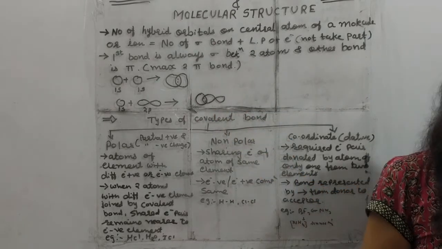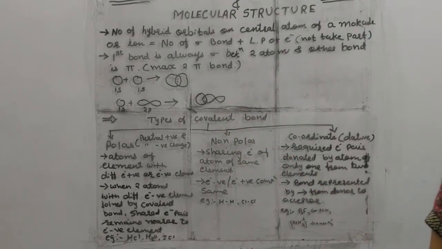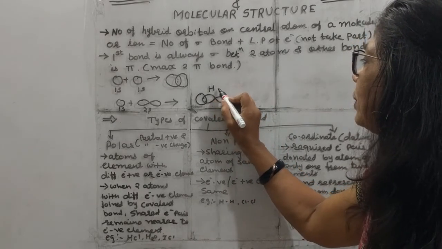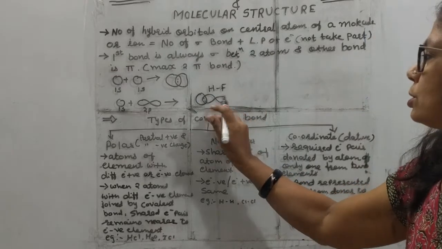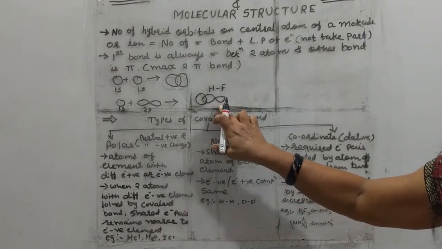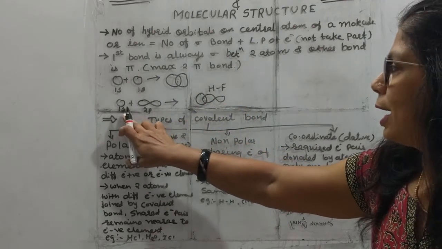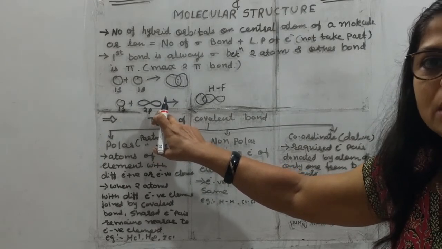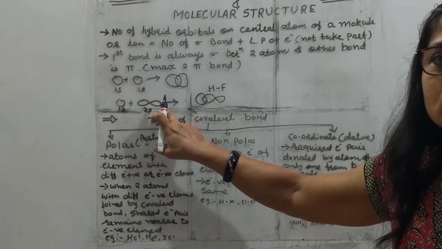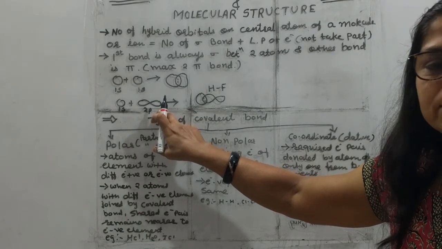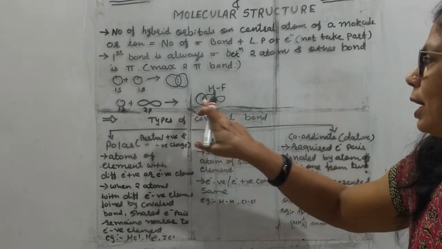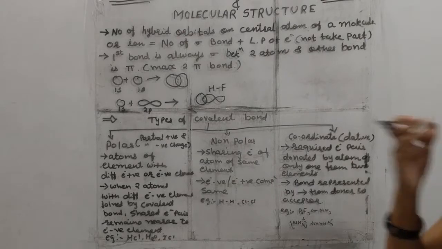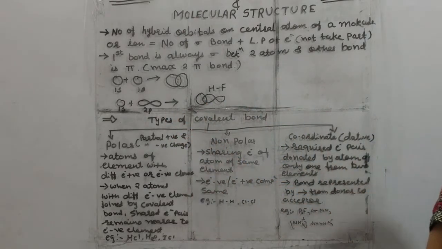This type of bond is possible in HF, hydrogen fluoride. Hydrogen is 1s1 and fluorine has 7 valence electrons, ns2 np5, meaning 2p5, so we have taken the p orbital. This is the example of HF, known as s-p orbital overlapping.